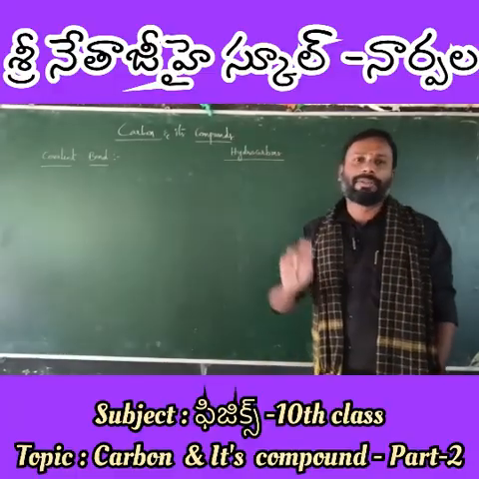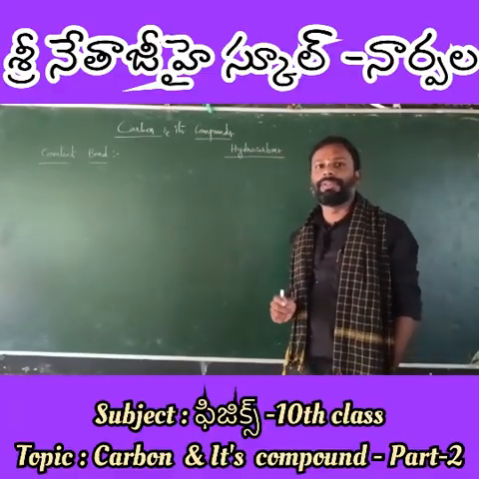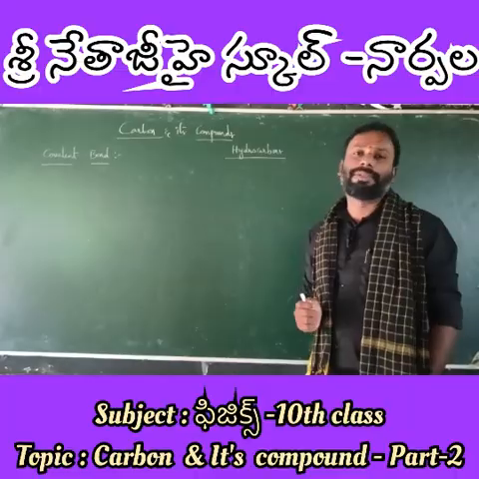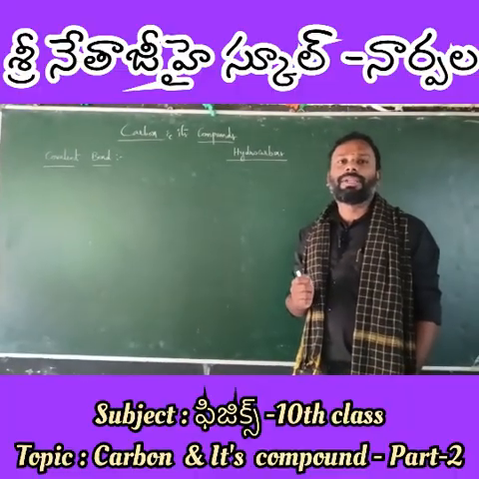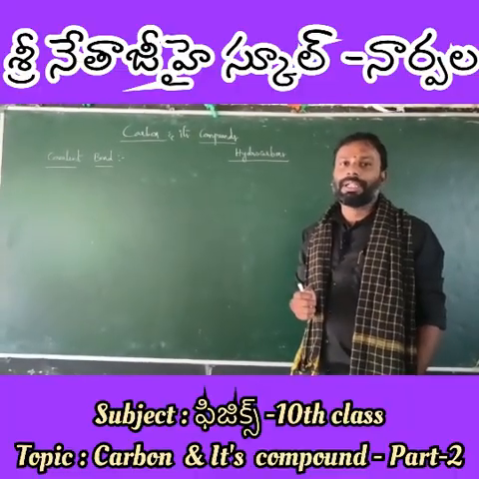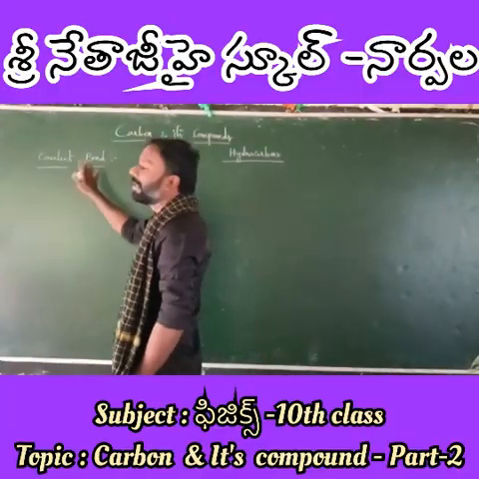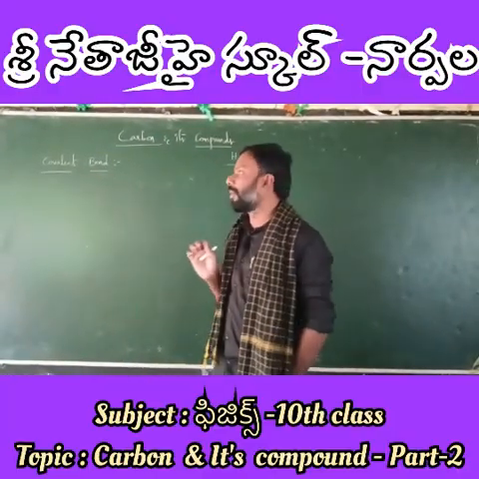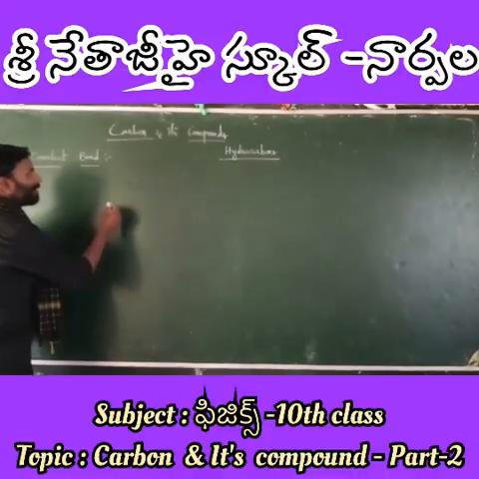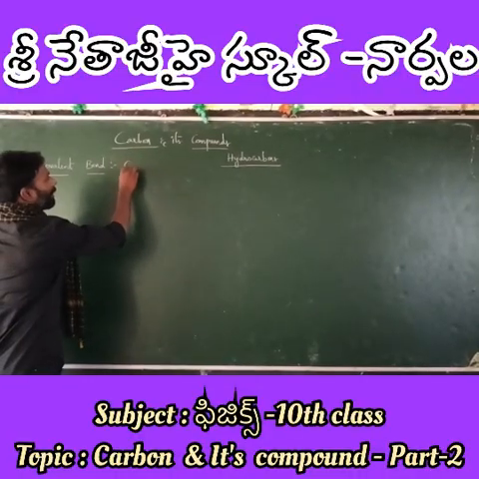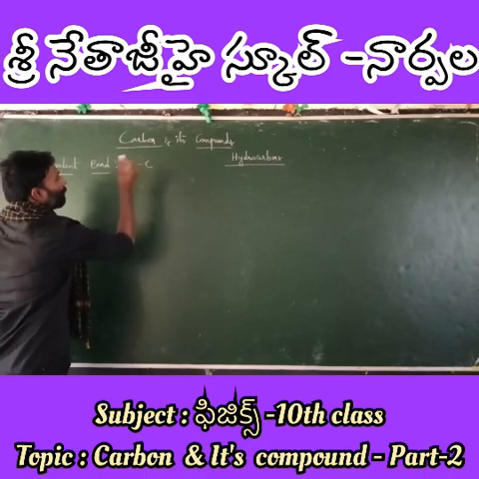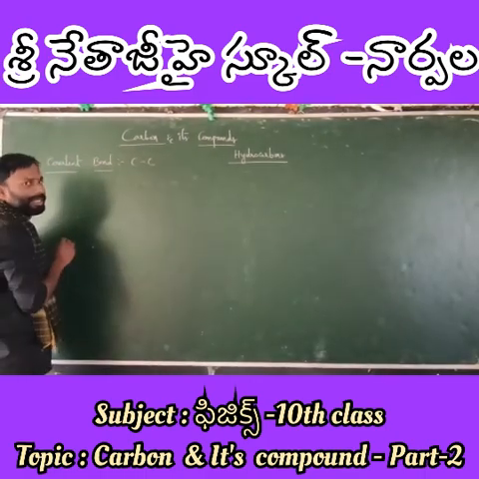Already we have started our topic carbon and its compounds, where we have seen the basics of carbon and the unique features of carbon. Now a small information about covalent bonds. Covalent bonds are very strong bonds. We also discussed that there exists a covalent bond between carbon and carbon atoms.